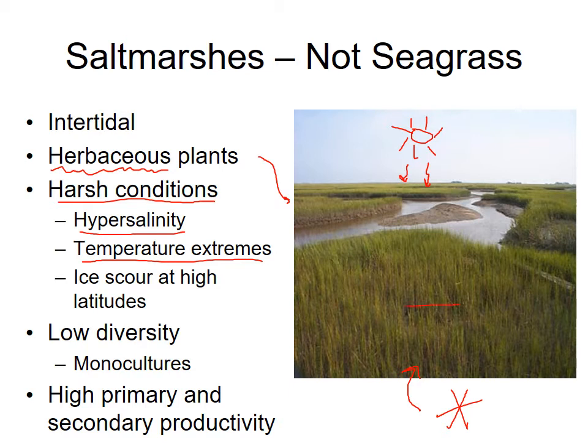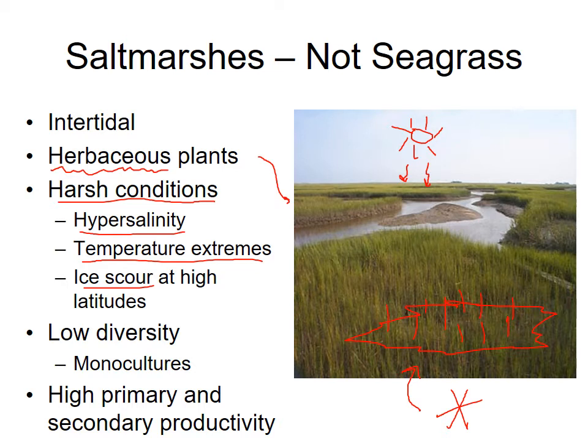You can also get these sheets of ice that cover the salt marsh, and then when the sheets of ice float up, it plucks all the grass blades out, like if you were waxing the hair off your legs or something like that. And so that is called ice scour, and that is a problem for salt marshes at high latitudes where it's cold and snowy and icy.